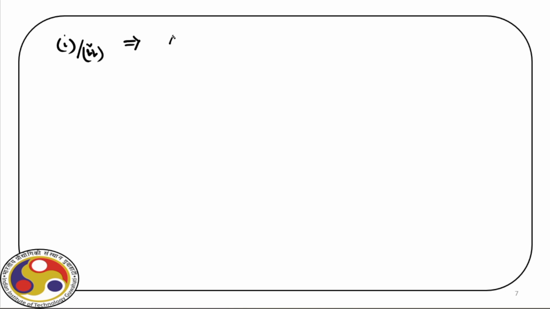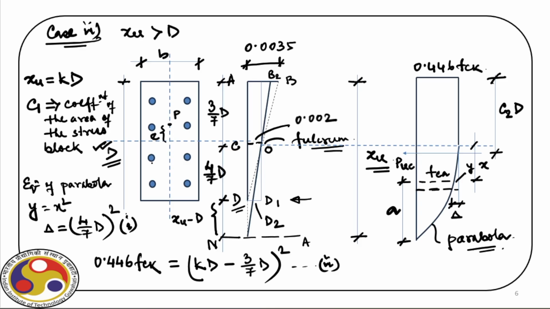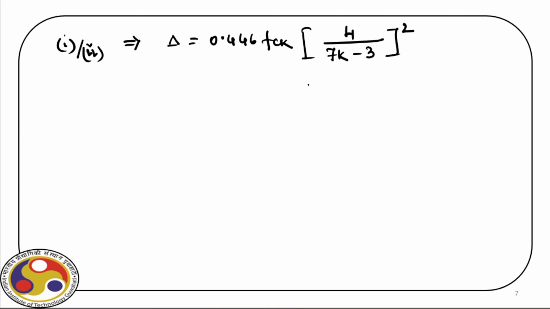We get delta is equal to 0.446 FCK times 4/7K minus 3 whole square. It's very simple. We have this expression, we have this one, and the moment we divide 1 by 2, you can easily show this expression, right?